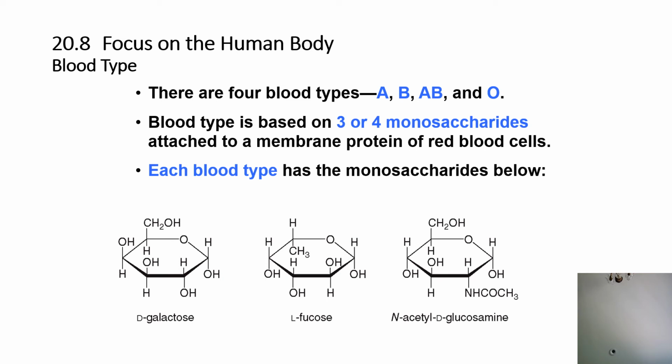So there are 4 blood types, A, B, AB, and O. And blood type is then based on 3 or 4 monosaccharides that are attached to the membrane of the red blood cells. And each blood type has the monosaccharides that are listed here: D-galactose, L-fucose, and N-acetyl D-glucosamine.